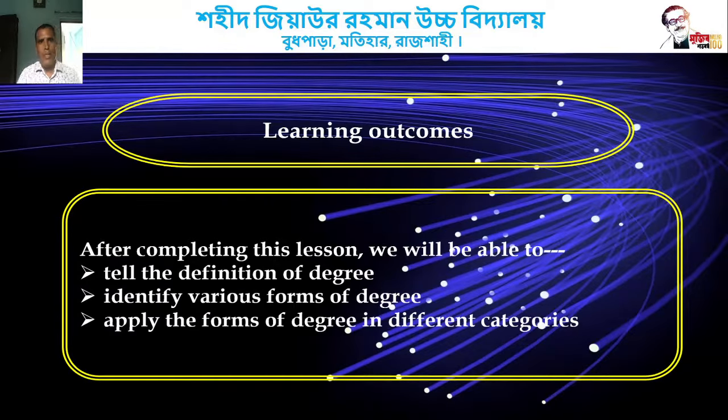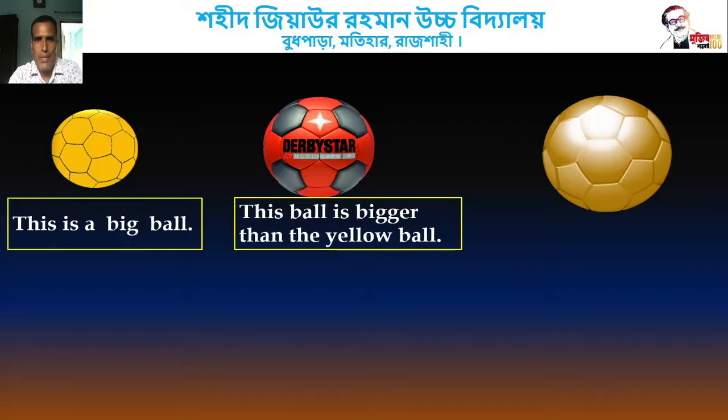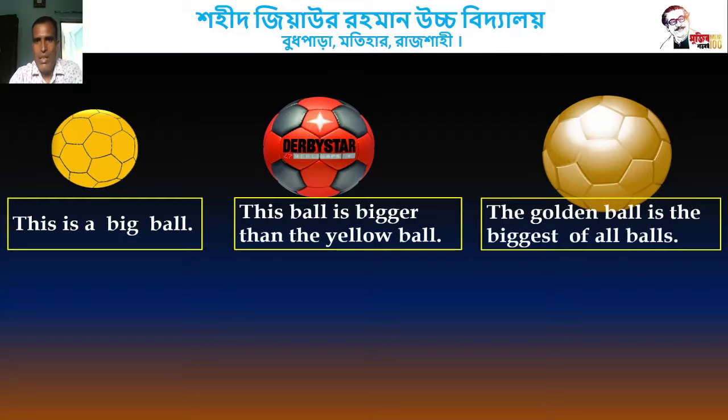So dear student, about the first picture we can say this is a big ball, and in picture number 2, this ball is bigger than the yellow ball. And in the third picture, the golden ball is the biggest of all balls.